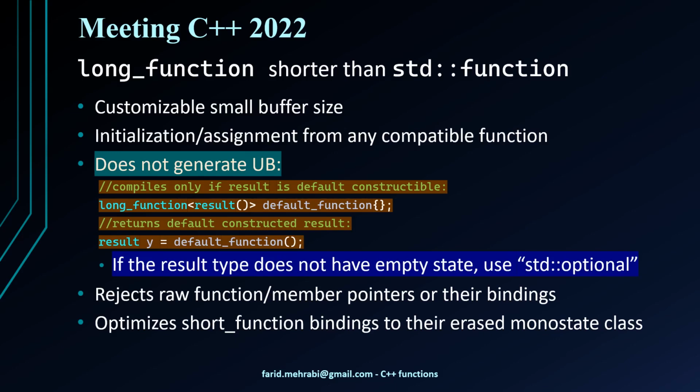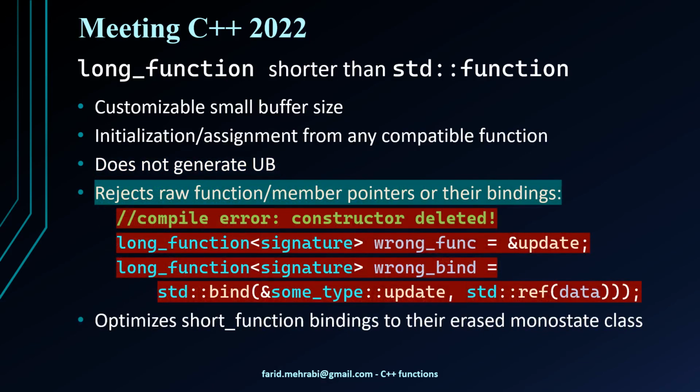Because this class too can accept compatible signature functions, we should prohibit member functions and function pointers as inputs to the long function class. We also need to prohibit bindings of function pointers and member pointers as inputs to the long function class.